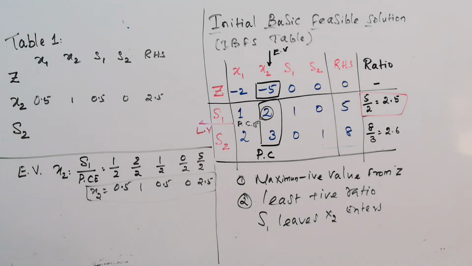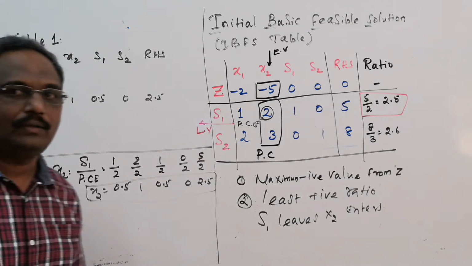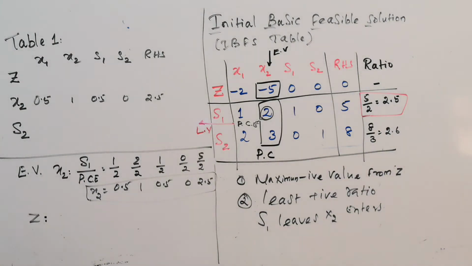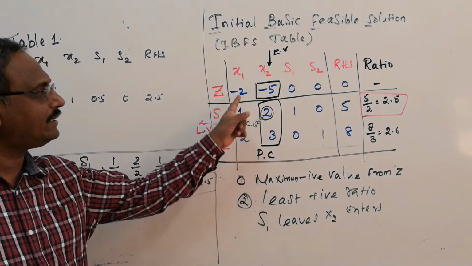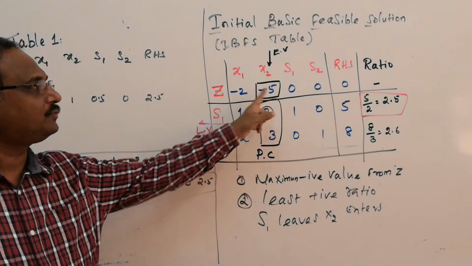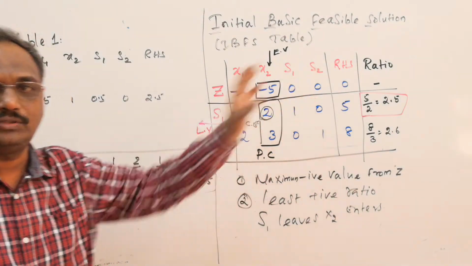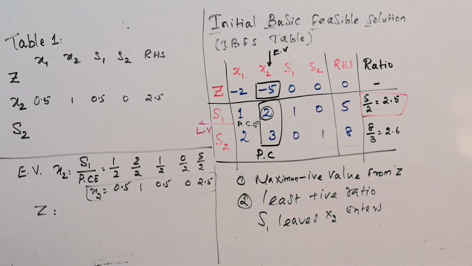How to find the new rows? First I am going to find the value of Z. How to find the value of Z? I am going to take the old Z as it is. What is the old Z here? -2, -5, 0, 0, 0. I am going to take the old Z as it is.